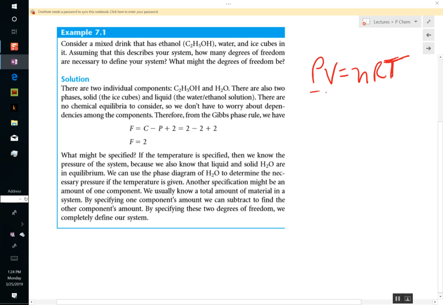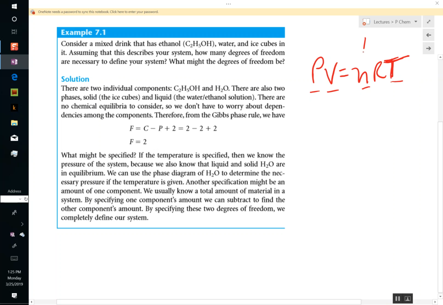I've used this example before, which is maybe a simpler way to look at this. We know that we have four parameters that need to be described to explain an ideal gas, but you only need to know 3 of these to determine the 4th one. You don't need to know all 4 of these things. You know any 3.